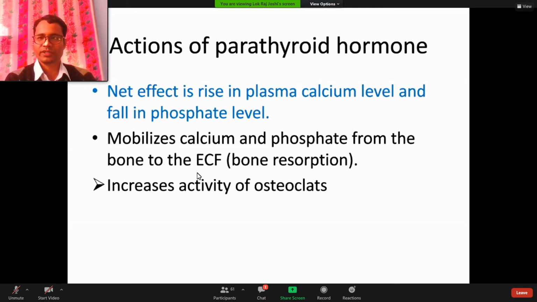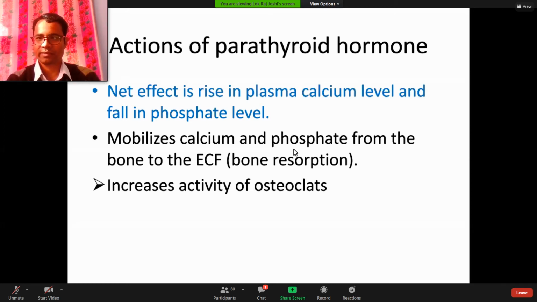Bone deposition means formation of more bone and deposition of minerals, calcium salts, in the bone. The opposite is bone resorption, where calcium salts from the bone are released into the extracellular fluid. Remember, it mobilizes both calcium and phosphate, because calcium phosphates are important salts in the bone, and they are released together into the extracellular fluid.